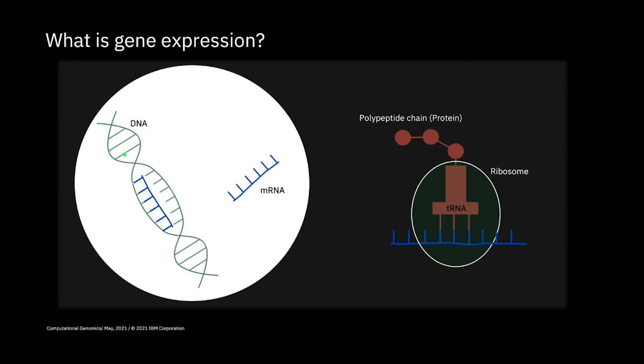So if we imagine this DNA strand being very, very long, this helix very long, a gene is just one portion of this helix, and it can be contiguous, but it might not be. So, for now, let's just think about it that way. And that's kind of what gene expression is.